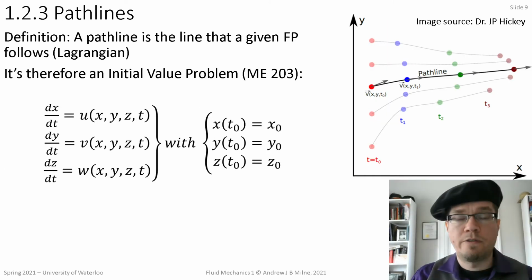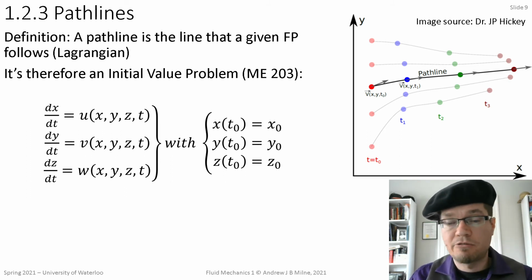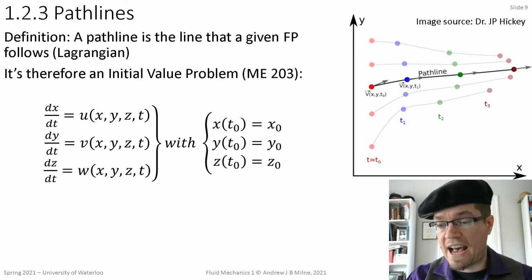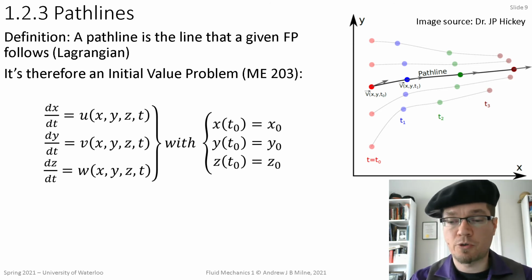As another flow visualization line, consider the path line. In comparison to the streamline, it's a Lagrangian viewpoint. A pathline is literally the line that any given fluid parcel follows. So very much Lagrangian. If you want to think about how to consider a path line, picture yourself in a stream on a raft.